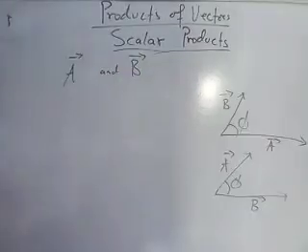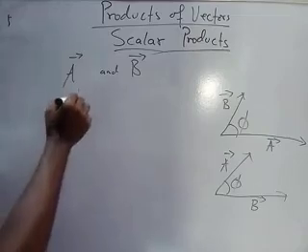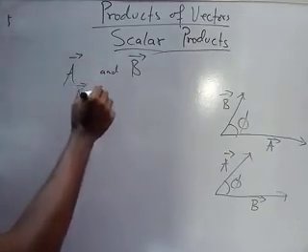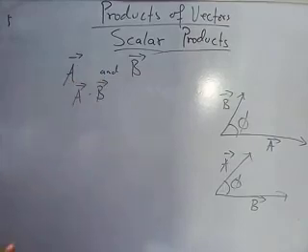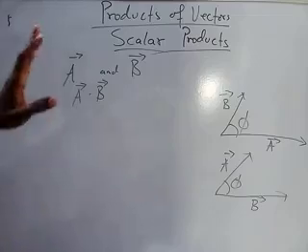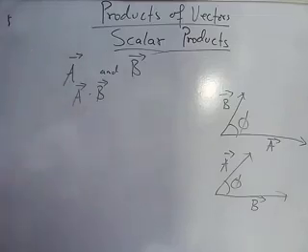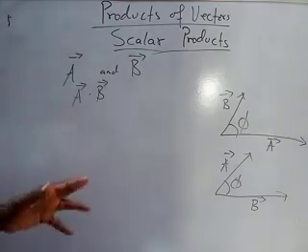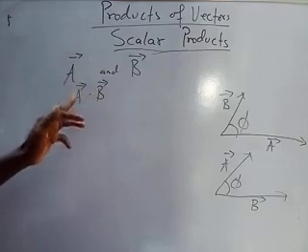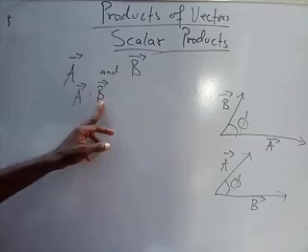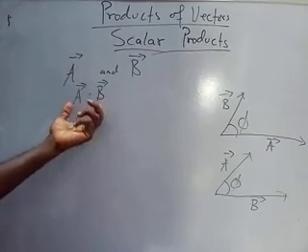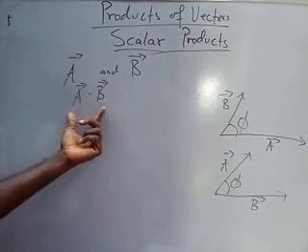The scalar product of two vectors A and B is denoted as this, and is also known as the dot product. Though both of them are vectors, whatever you have in this dot product is not a vector.